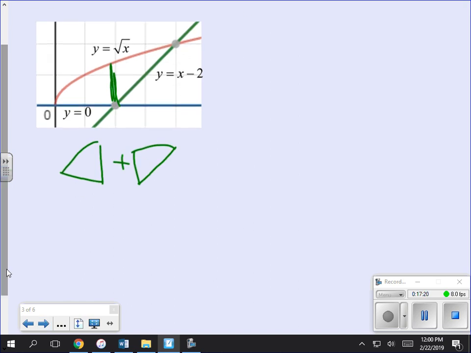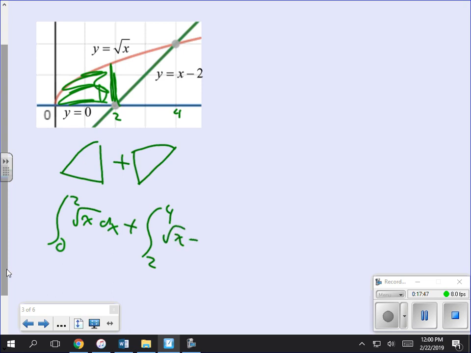So for the first one, I have the integral from 0 to 2, because this is 2, that's 4, of the square root of x dx, and that'll give me everything between the curve and the x-axis, plus the integral from 2 to 4, and this is a little trickier, the upper curve, square root of x, minus the lower curve, x minus 2 dx, and you would have that.